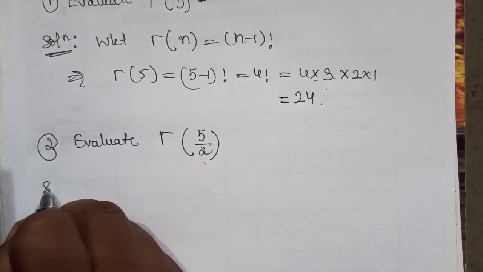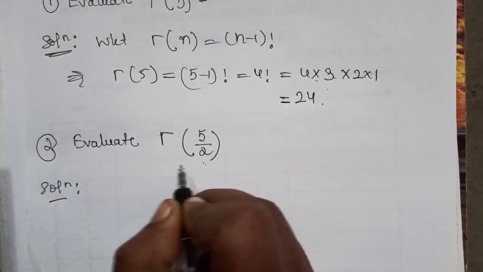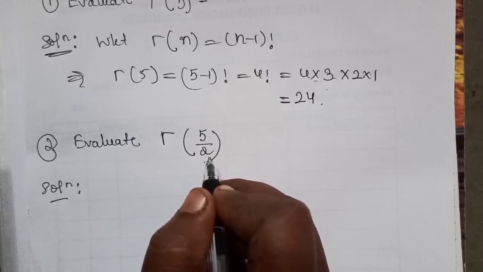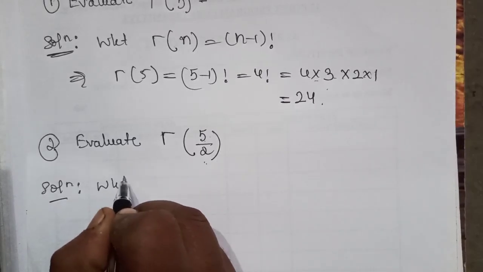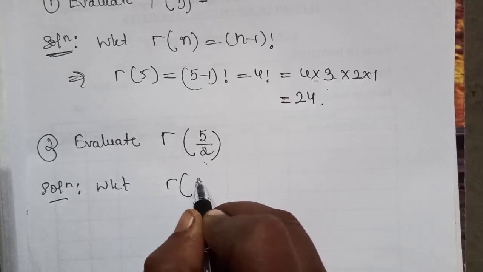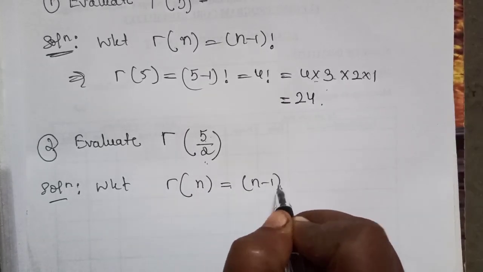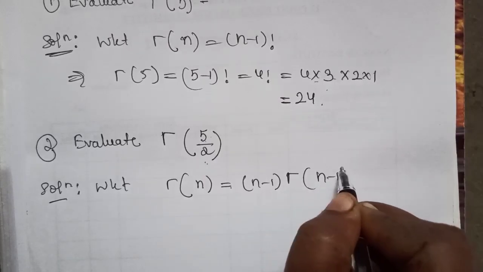The next one is evaluate gamma of 5 by 2. Solution. Since here we have a positive fraction, we use the formula gamma of n is equal to (n minus 1) into gamma of (n minus 1).